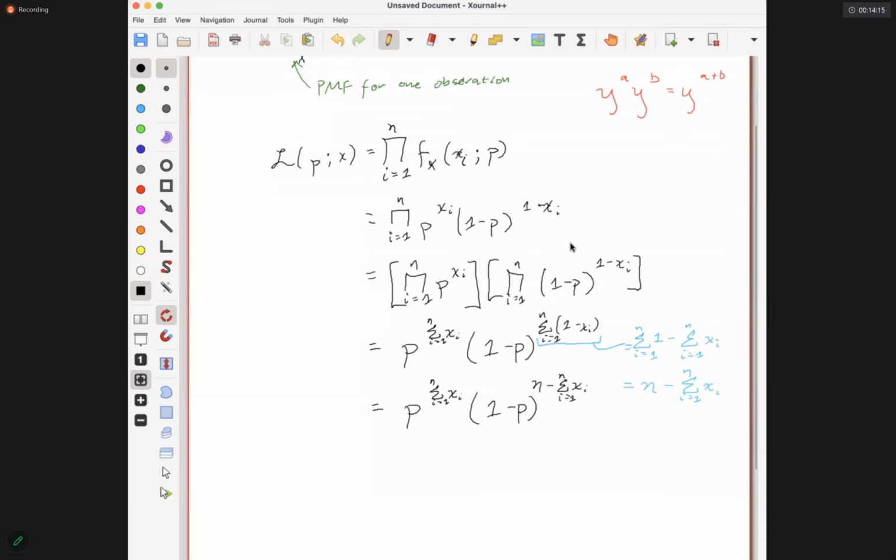Okay. And what is our next step here? Okay, so this is all the simplification that we can do to the likelihood function, unless we want to.